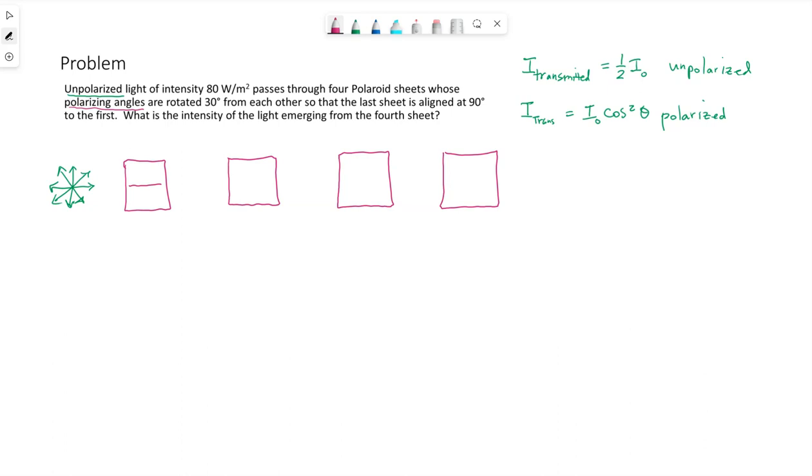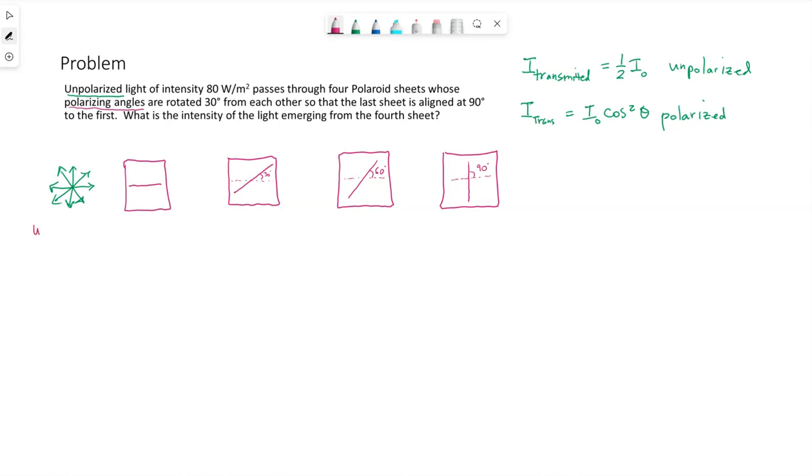What matters is that the next axis is 30 degrees from however I oriented the first one. The next one would be 30 degrees from the previous one, which is going to make this 60 degrees from horizontal. And as mentioned in the problem, this last axis is 90 degrees from the first.